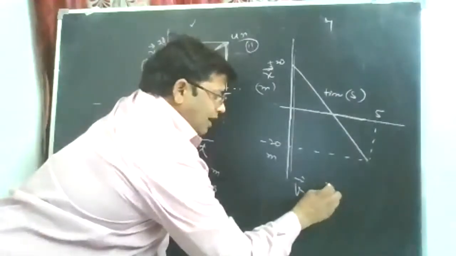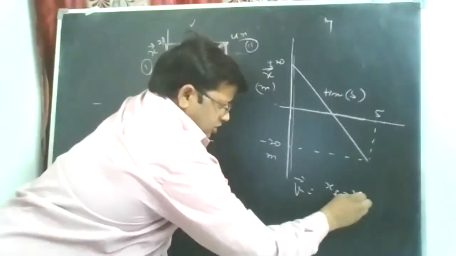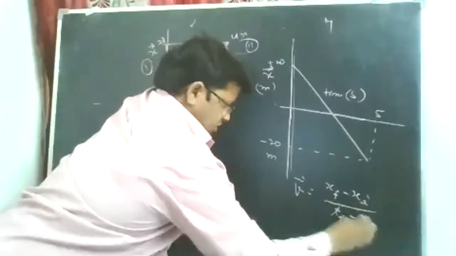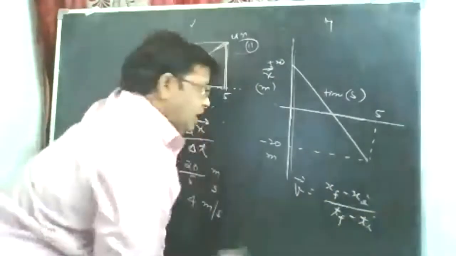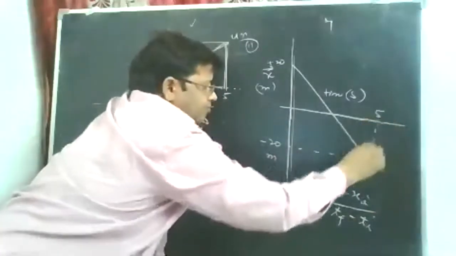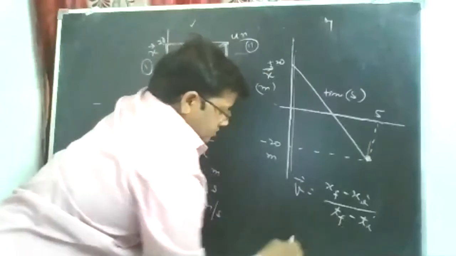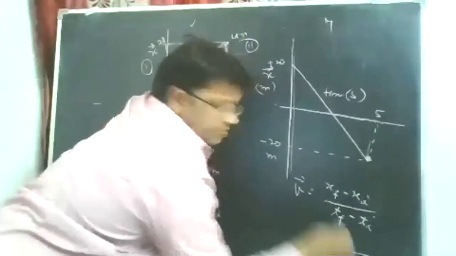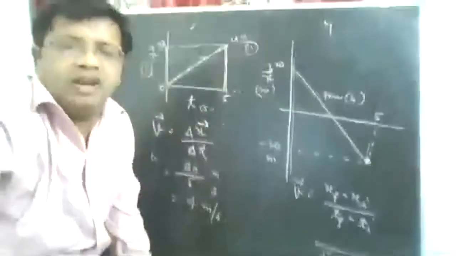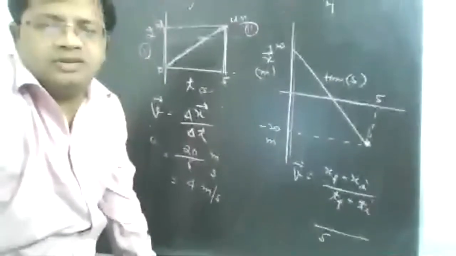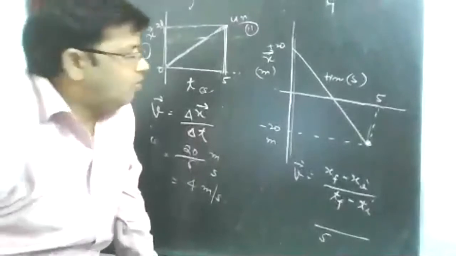What is the final displacement minus initial displacement? Final time minus initial time. In this graph, what is the final time? 5. Final time is 5.